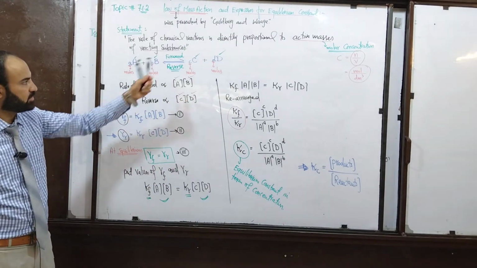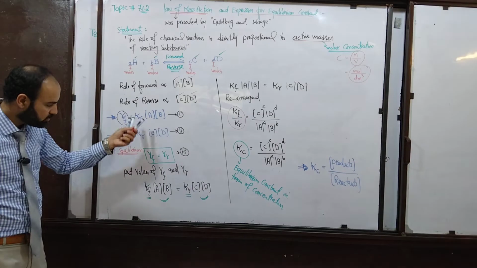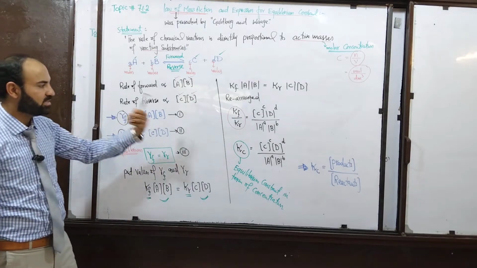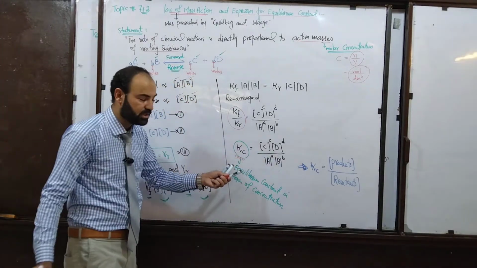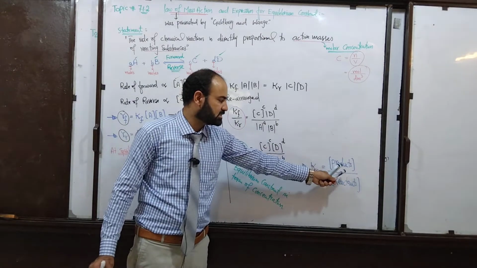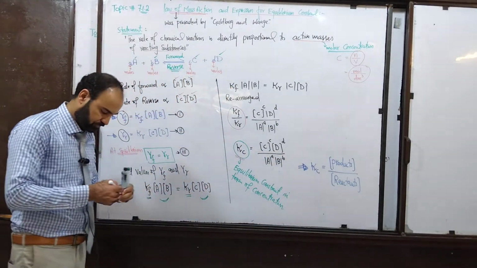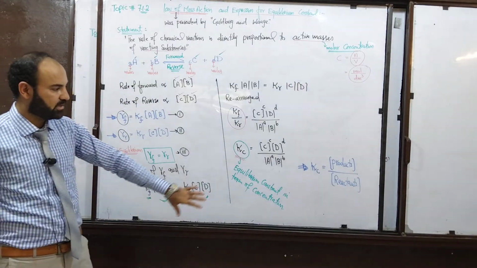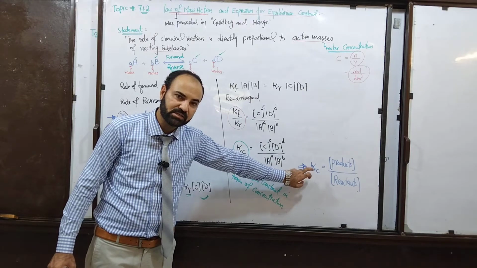In the case of a reversible chemical reaction, we derive a relation for the equilibrium constant in terms of concentration, equal to products concentration divided by reactants concentration. Okay, we have to describe some important points related to this Kc.